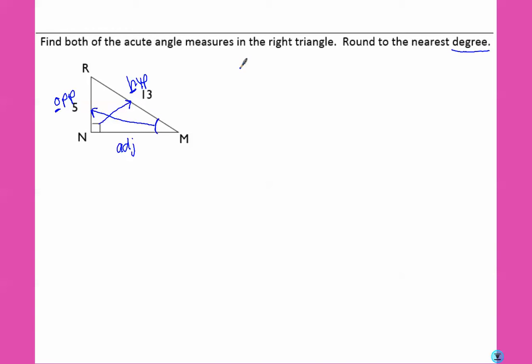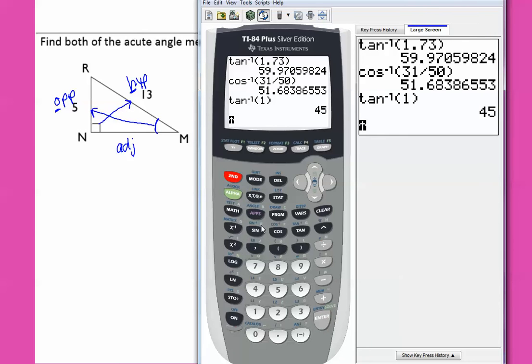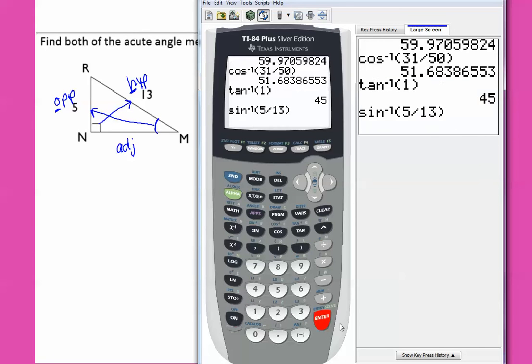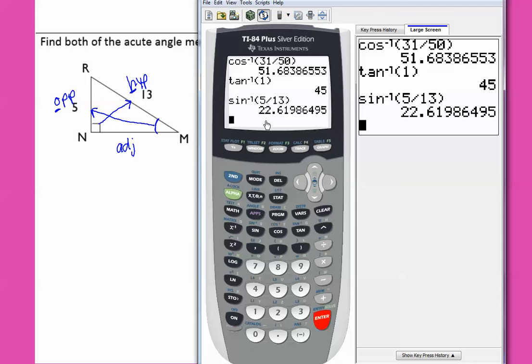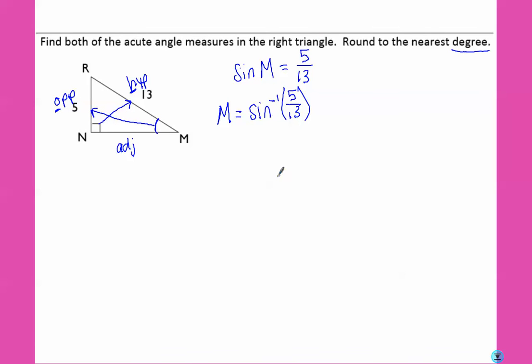That's right, sine. So sine of angle M would equal 5 over 13. So M equals sine inverse of 5 over 13. Type that in our calculator. Second sine of 5 over 13 gives us 22.6, which, since we're rounding to the nearest degree, would be 23 degrees.